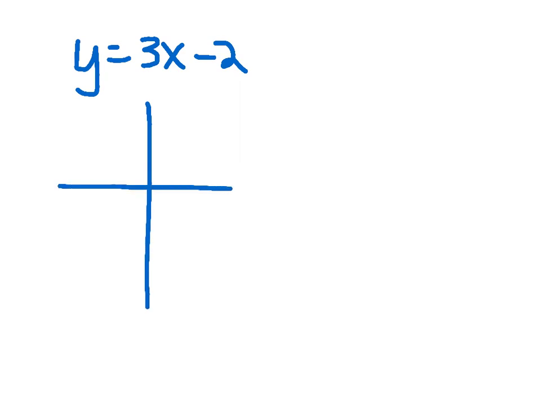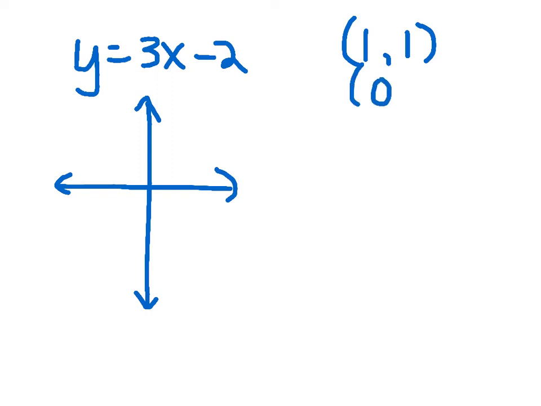Let's see, if x is 1, then y would be 3 minus 2, or 1. That's one solution to the equation because when I plug it in, it makes it true. If x is 0, y is negative 2, because 3 times 0 is 0, minus 2 is negative 2. Well, those are 2 points, that's all I really need to draw a line.